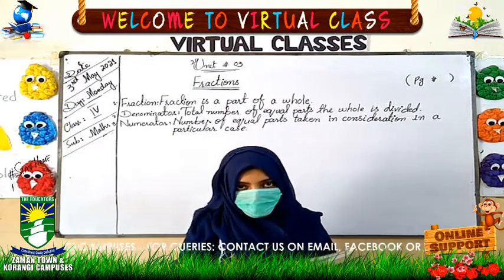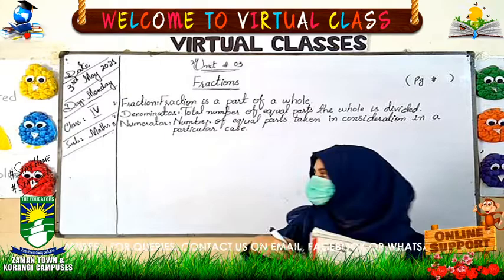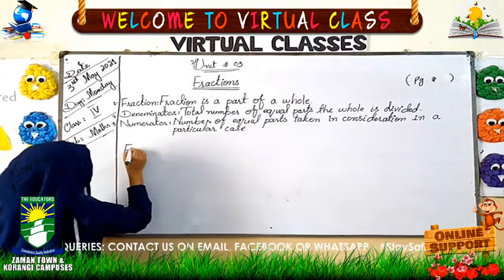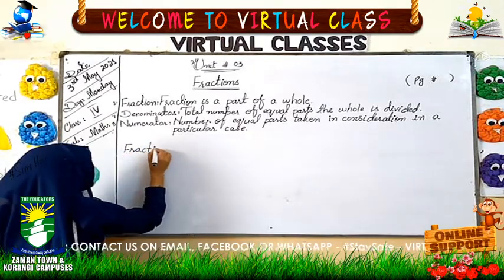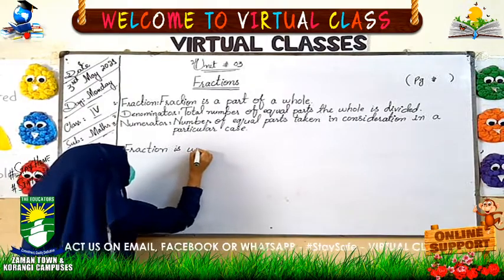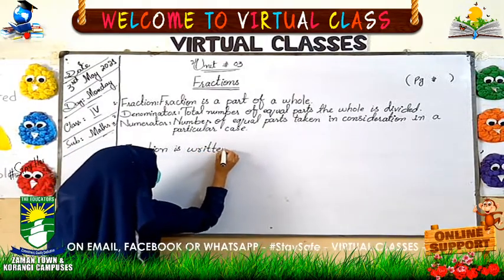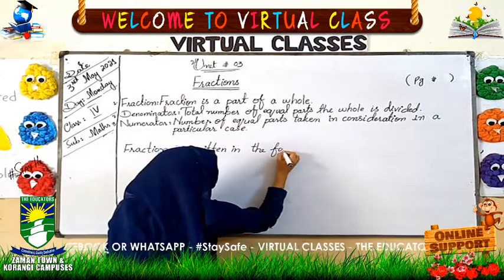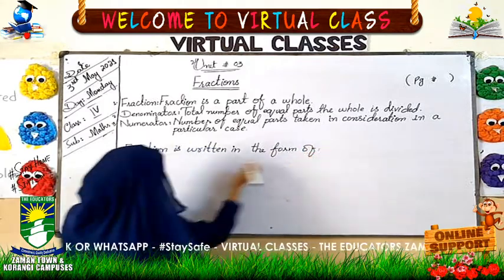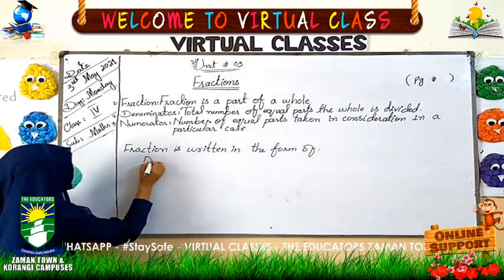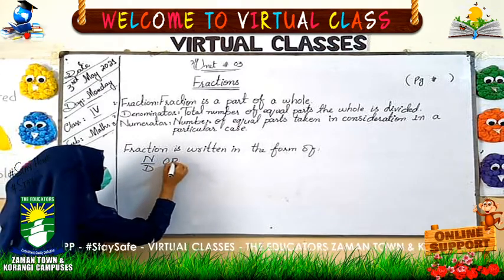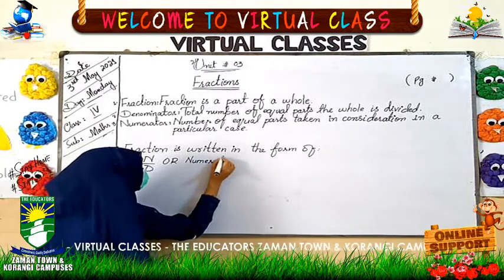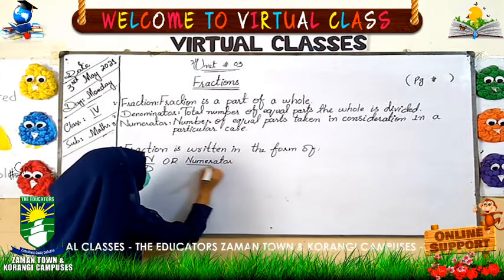Fraction is written in the form of n by d, or numerator by denominator.